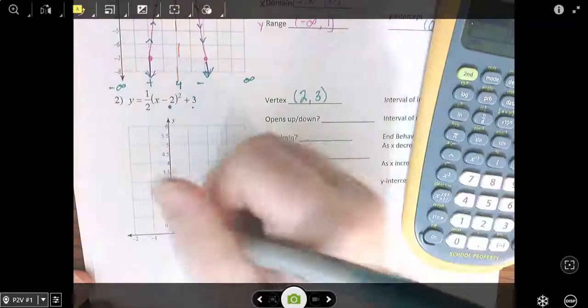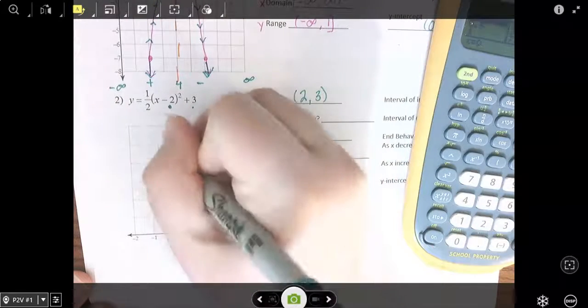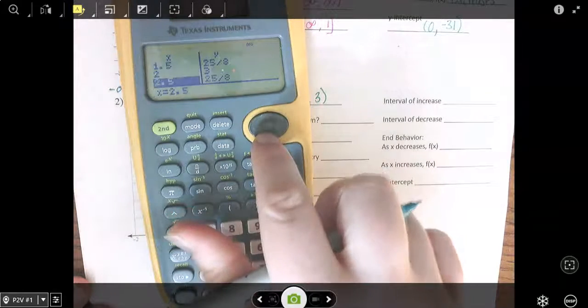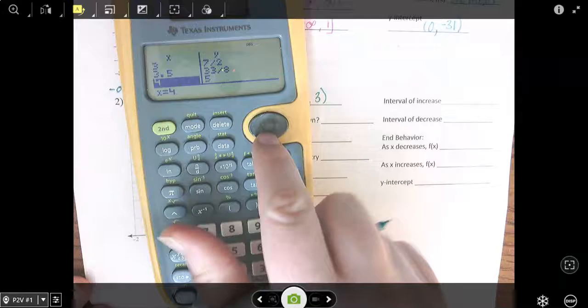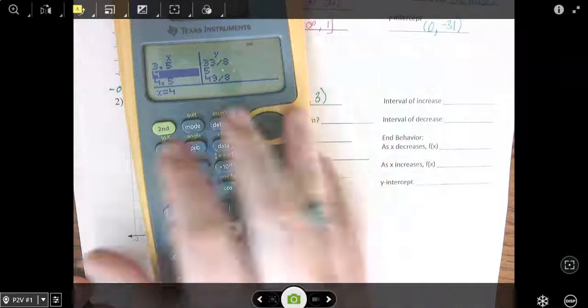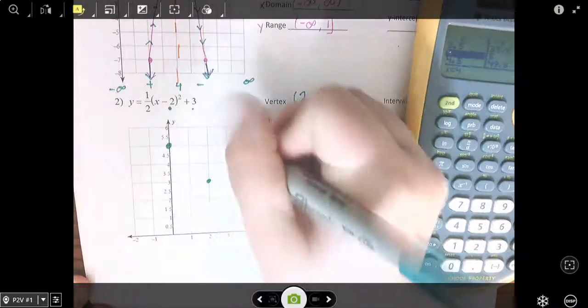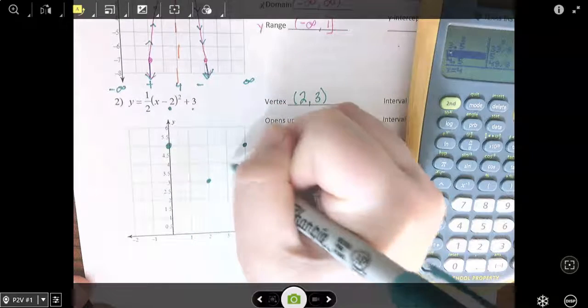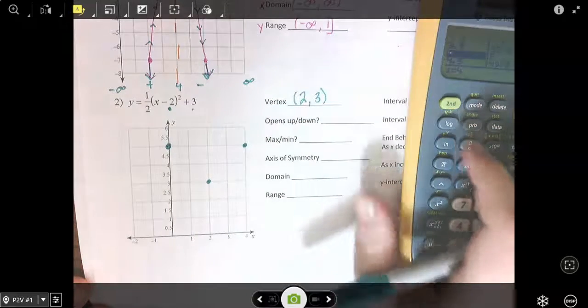So 0, and then up 5 is going to be here. And then on the other side of (2, 3), (4, 5) works too. You can try to guess some other points, they're just not going to be very pretty.